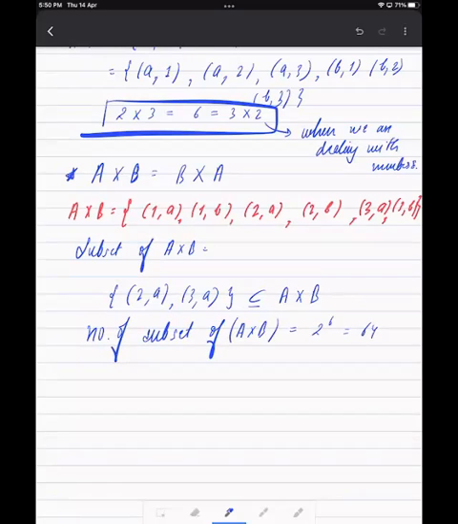Now I can't write all the 64. Definitely this is one of them. Definitely this is one of them. Let's say I have 64 students, right? I have total 64 students. And I told each of them to choose any number of elements they can from this, and they have the right to choose nothing. They have the right to choose everything. They have the right to choose any one of them, any 2 of them, any 3 of them, and so on.